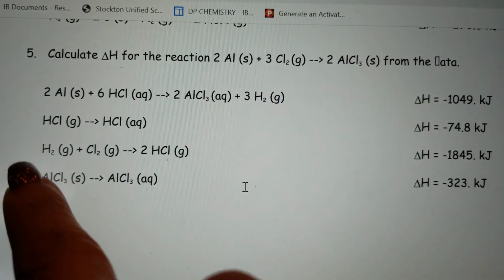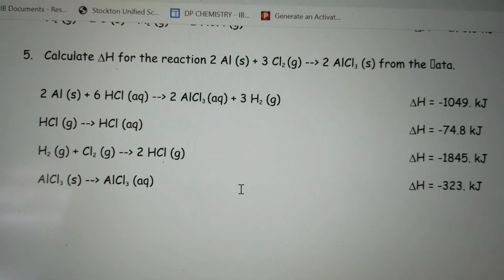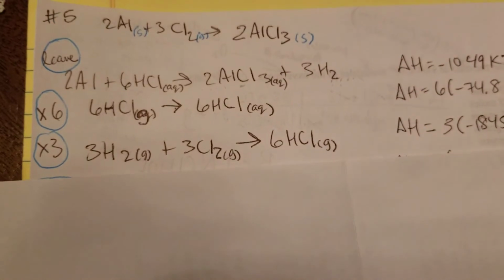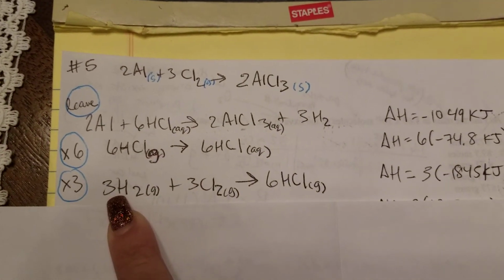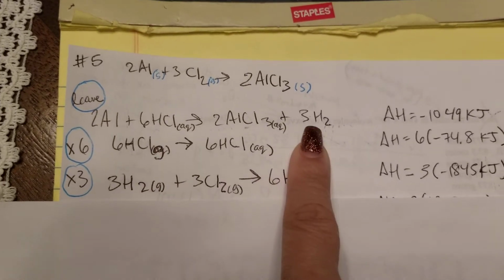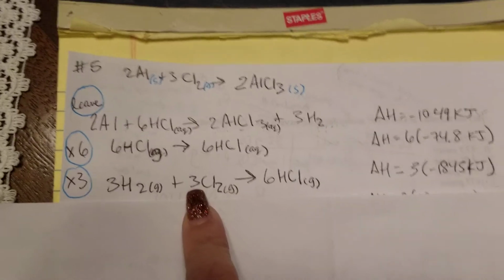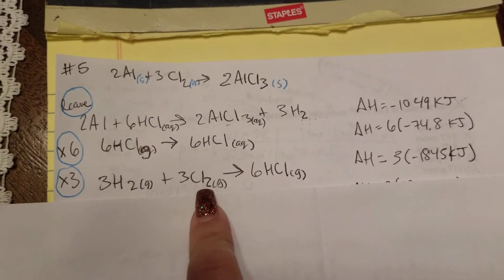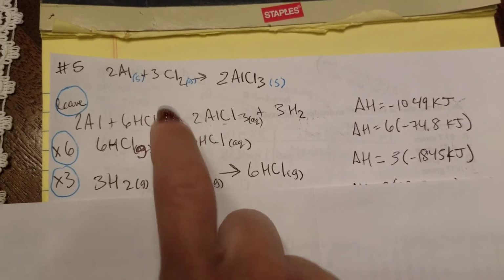So regardless, looking at that third equation, no matter which one you look at, you need to multiply that by 3. So that's what we do to the third equation. We multiply everything by 3 so that these 3 H2s are going to cancel with those 3 H2s, so that overall I have 3 chlorine gas molecules, because I have in my overall equation 3 chlorine gas molecules.